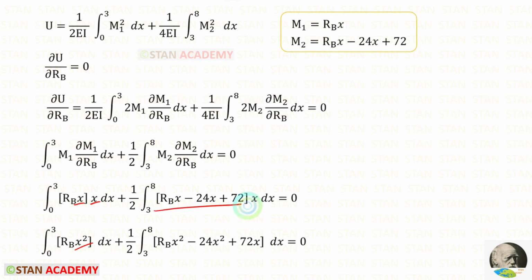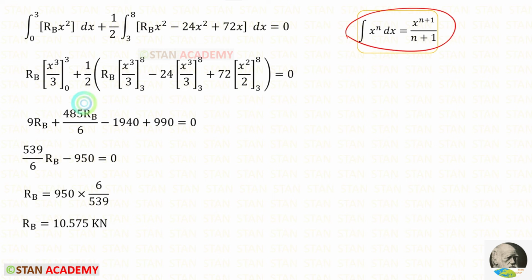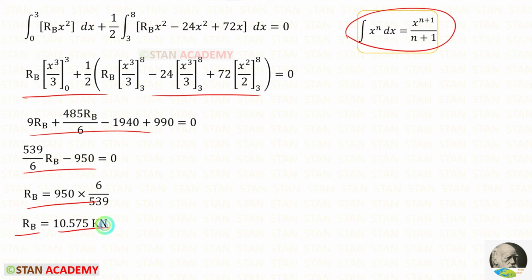We can multiply this with the x so that we will get this. Using this formula, we can do the integration. After doing integration and simplifying, we will get RB, which is 10.575 kilonewton.